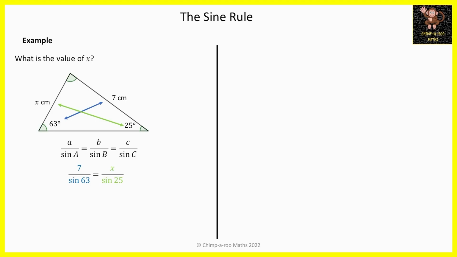So 7 divided by sine 63 is equal to x divided by sine 25. Don't put anything in your calculator just yet. Rearrange it to get x as an exact value in terms of sine of the angle. So 7 sine 25 divided by sine 63 is x. Now you've got that expression, pop that into your calculator and it'll give you 3.32 to 3 significant figures.